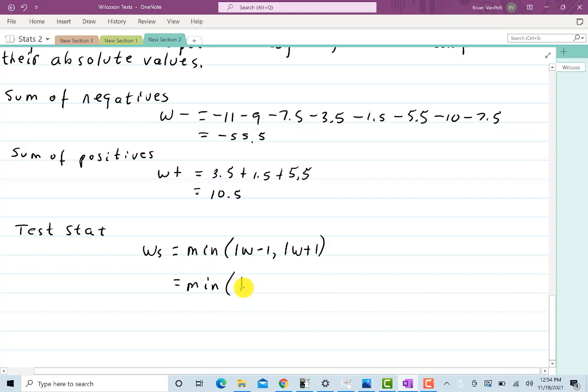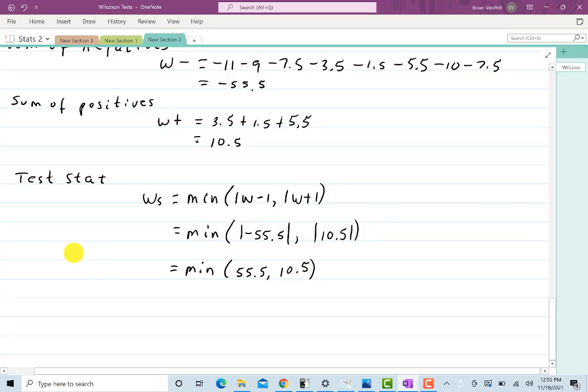The absolute value of W minus was 55.5, and the other one was 10.5. So I'm comparing 55.5 and 10.5. The minimum of those two numbers is 10.5. So this is my test statistic.